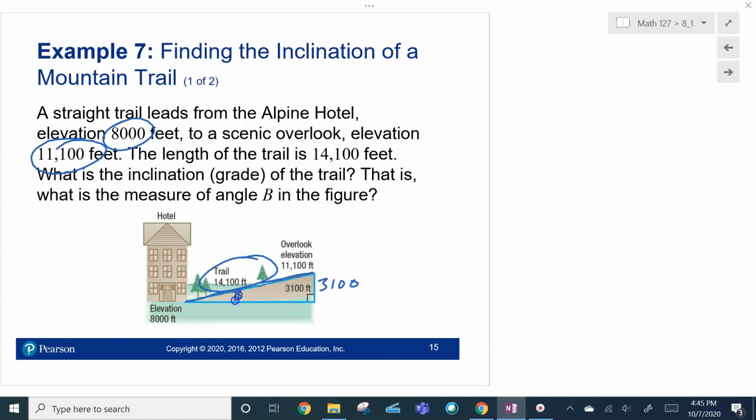So what's the measure of angle B right there? With respect to angle B, I know the opposite side and I know the hypotenuse. Well, opposite over hypotenuse, so the sine of B is 3,100 over 14,100.